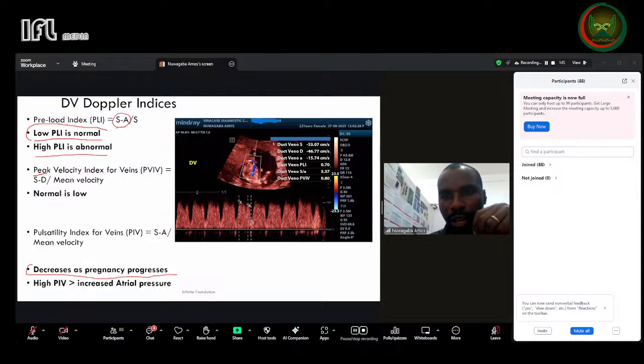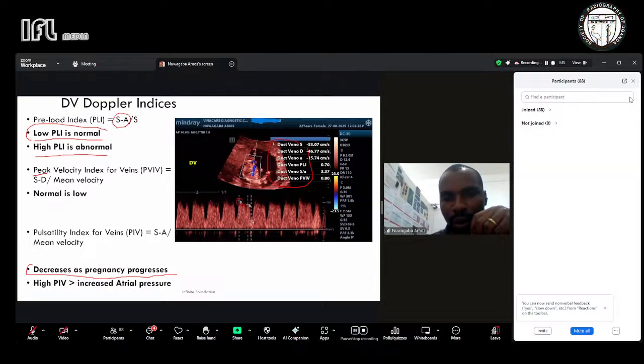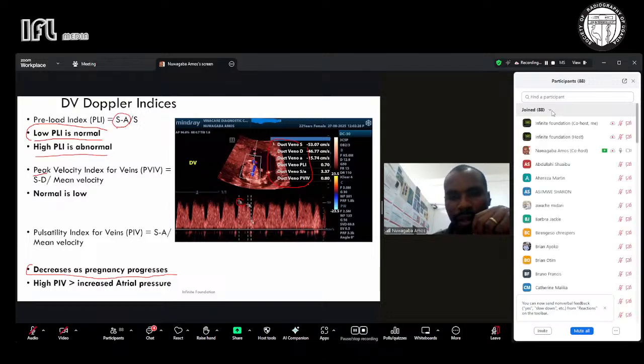So in this image, these are the parameters, the Doppler indices that we need to obtain in the ductus venosus. And after obtaining the waveform, depending on the machine that you are using, it will ask you to indicate where the S wave is, the D wave, and then the velocity in the A wave, and the equipment will automatically give you the readings.